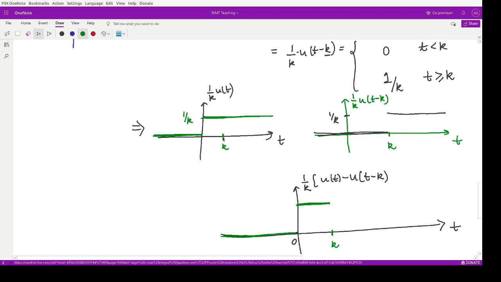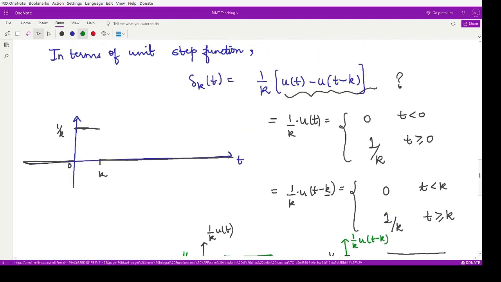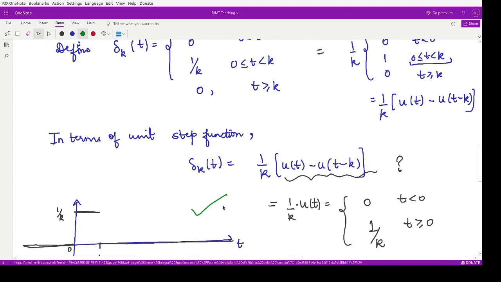And from the interval k to infinity, the function's value here is 1, and here also it is 1. So 1 minus 1 is 0, or 1 by k minus 1 by k, that is 0. So the function here is defined like this. This function is exactly the same as this function. That is why we have written this relationship between the Dirac-delta function and the unit step function.